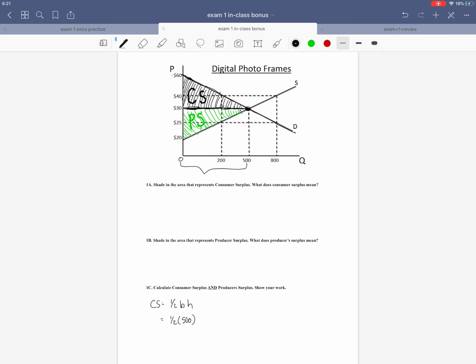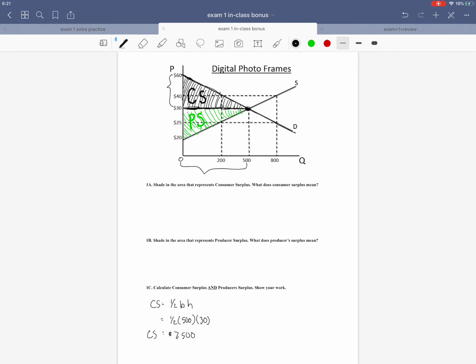And the height of the consumer surplus is going from the 60 to the 30, so that would be 30. So half of 500 times 30 is going to be equal to 7,500. So our consumer surplus is equal to 7,500.